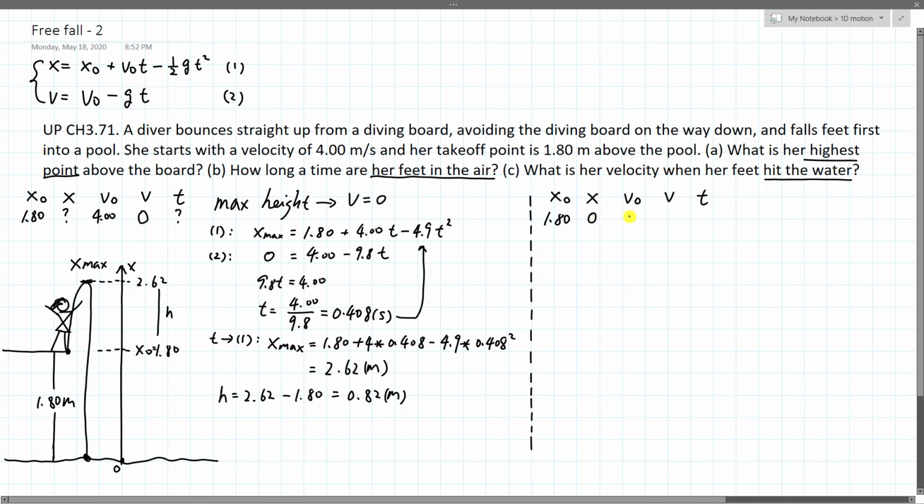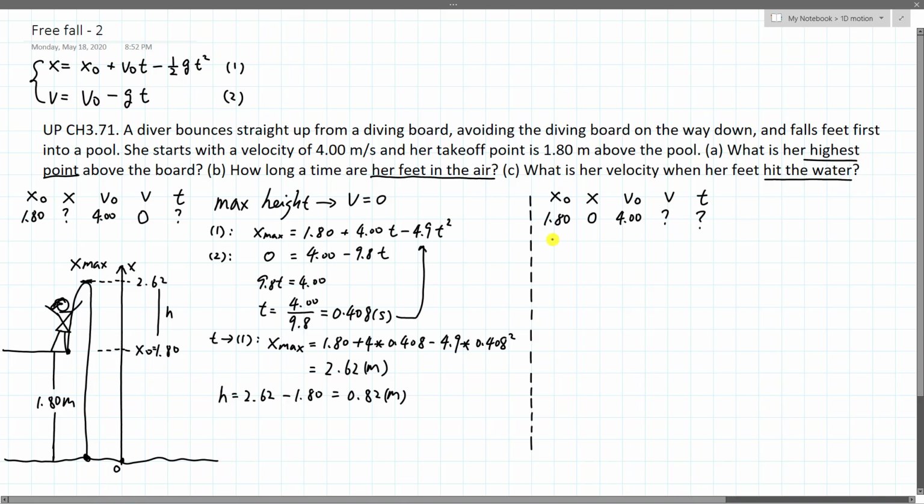And initial velocity is still 4.00. Just like it never happened, this part that we solved, it's just part of that motion. We didn't really have to start from here and come down. We just start from here, go all the way up, right? This is a smooth curve. And the final velocity is unknown, and the time of her feet in the air is also unknown. So that's fair. We have two unknowns and we have two equations.